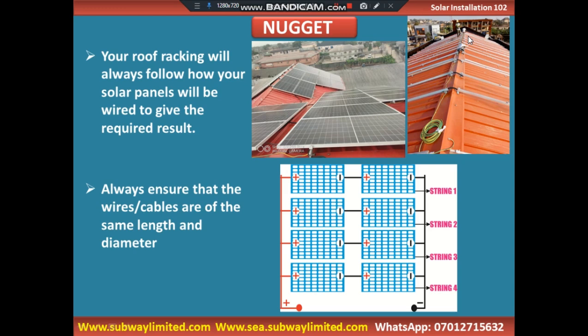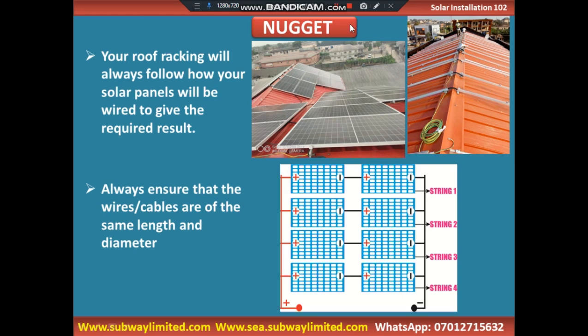And if you want to really get the best out of your installation, ensure that you rack your roof appropriately so that the temperature below, that is the ambient temperature surrounding the solar panel, will allow the solar panel to deliver the required power as it was specified by the manufacturers.